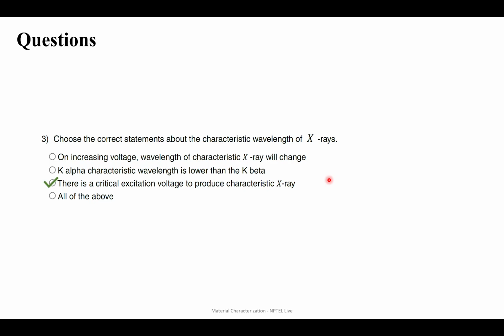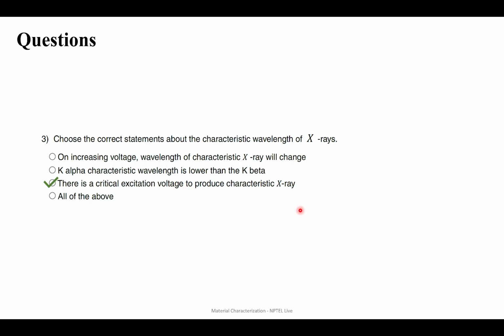K alpha comes from L shell to K shell and K beta comes from M shell to K shell. So M shell to K shell requires higher energy. So K beta radiation has higher energy than K alpha radiation, which means your K beta wavelength is lower than your K alpha wavelength, not the other way around.